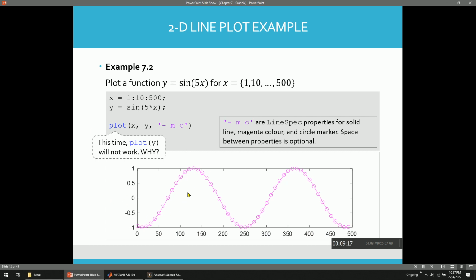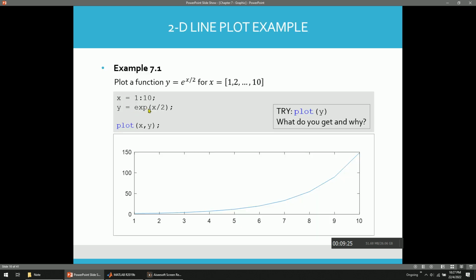One more thing. If you look here, this time plot Y doesn't work. Actually you can plot Y only here, and it still gets the same result. Why?